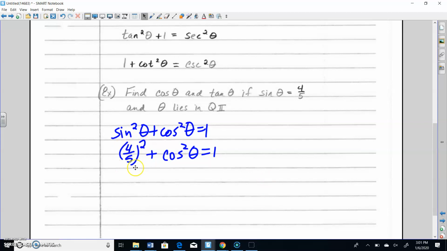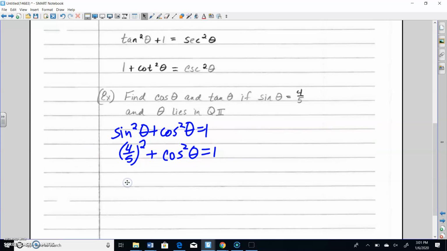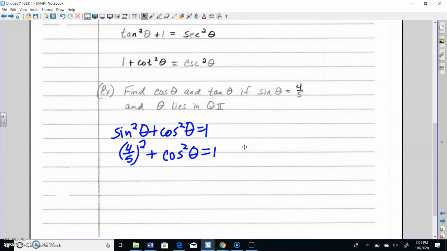Now I can simplify 4/5 squared is going to be 16 over 25, and plus my cosine squared theta equals 1. And I want to isolate the cosine function, so that means I'm going to subtract 16/25 from both sides.